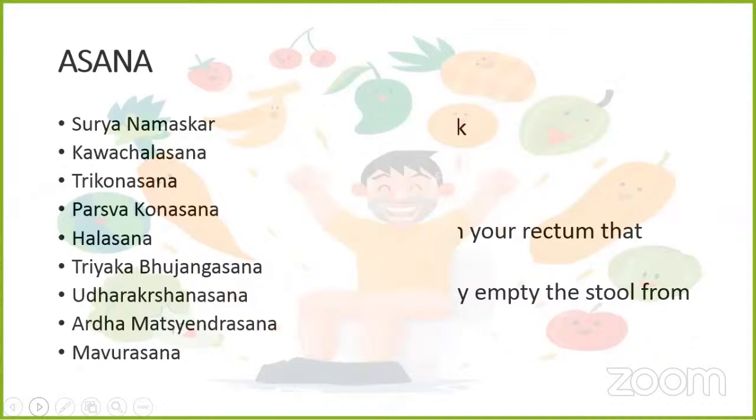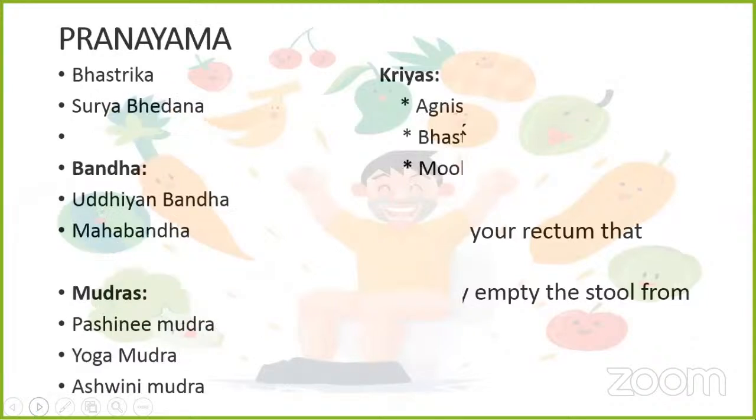So practices like Agni Sara, Kapalbhati, and Nauli are all very helpful in facilitating the peristaltic movement, because of intense work on the abdominal region, where good blood circulation happens. And when I say blood circulation, it is prana we focus on more. That helps to enhance the peristaltic movement.